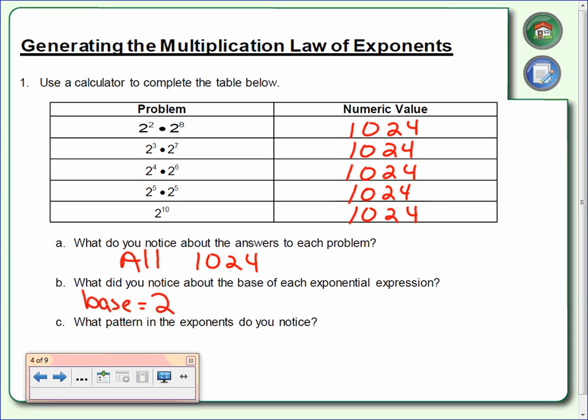So right here, what pattern do we notice in our exponents? They all add up to 10. This is the pattern we notice, which is why we keep getting the same answer over and over. Because those exponents always add up to 10.